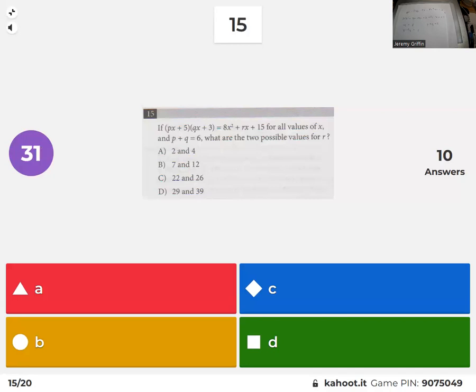Oh, I should tell you guys that they're not looking for p and q, they're looking for r. So nobody picked A, right? Oh, sorry, I was going to give you that hint.